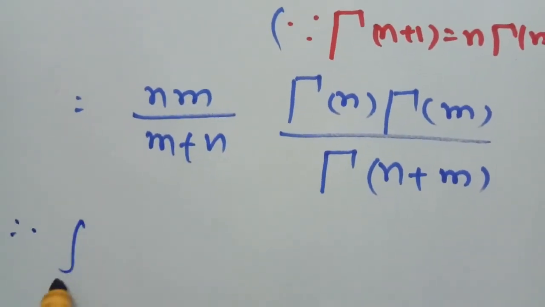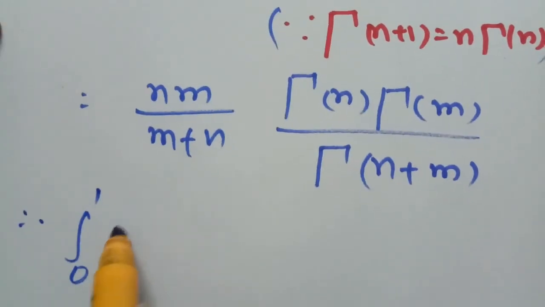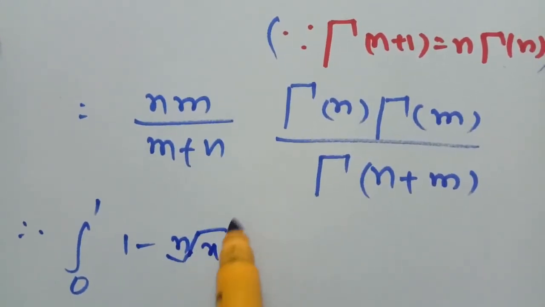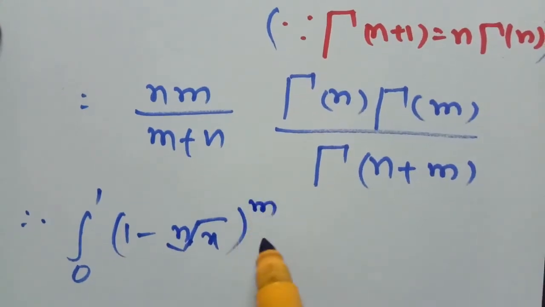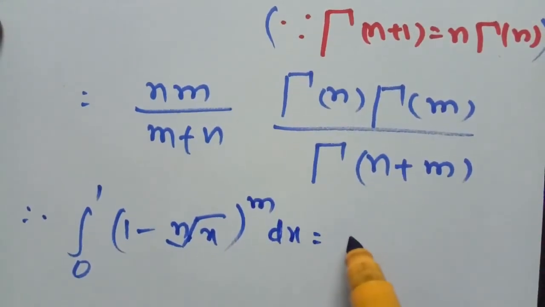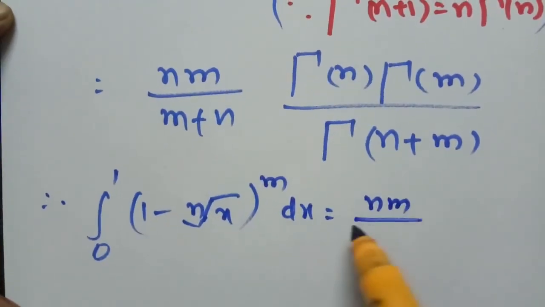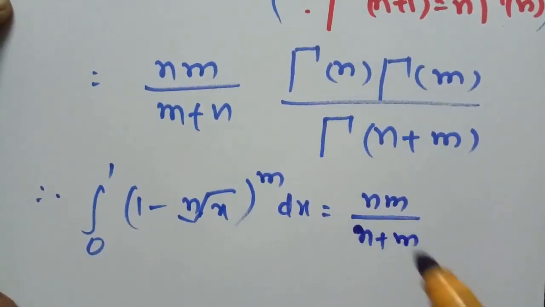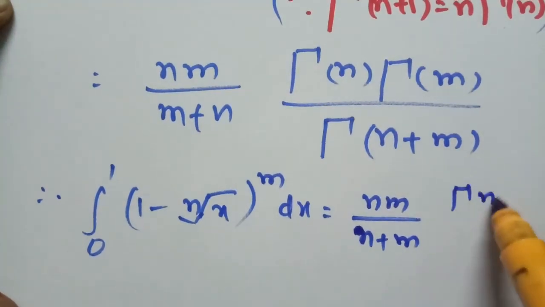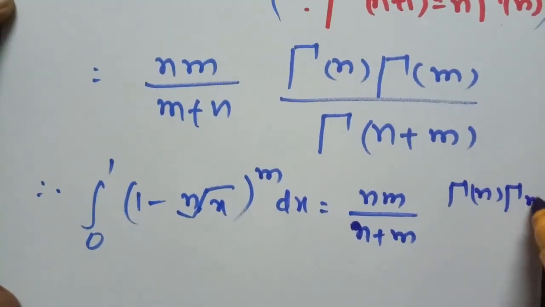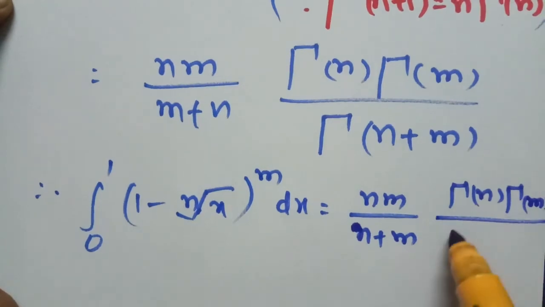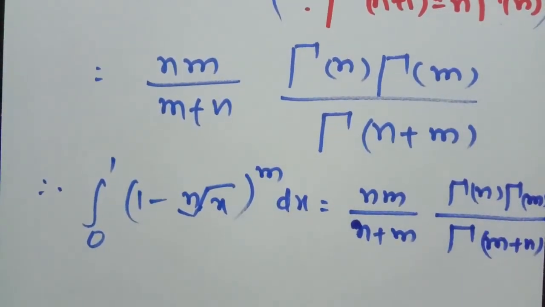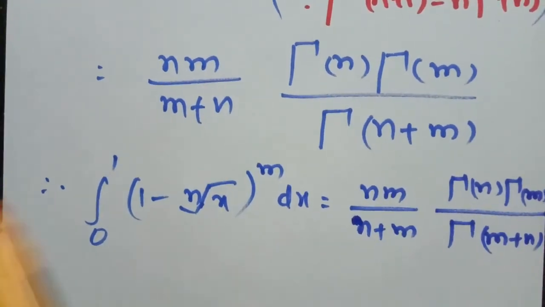Therefore, integral 0 to 1 (1 minus nth root of x) whole to the power of m into dx is equal to n into m by m plus n, or n plus m, into gamma n gamma m by gamma m plus n. This is our required answer for the given integration.